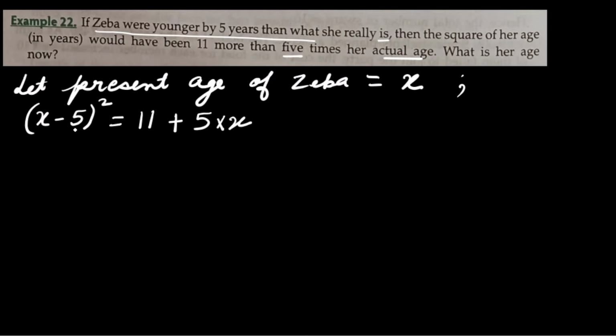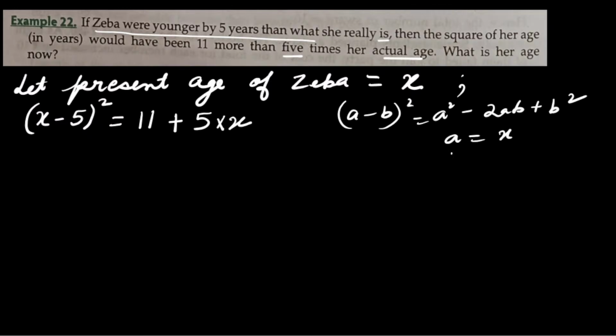For simplification, we have to use the identity (a minus b) whole square. (a minus b) whole square is a square minus 2ab plus b square. Here a is x, b is 5.